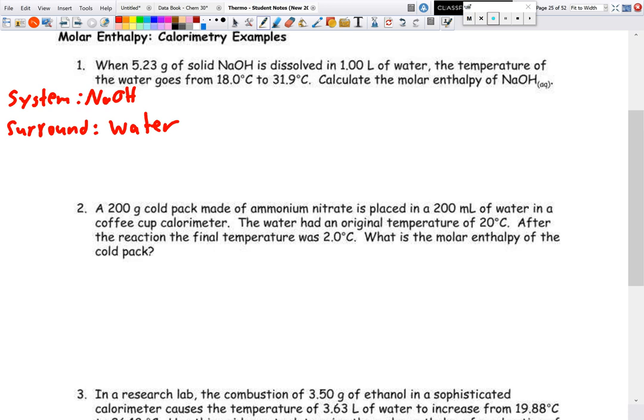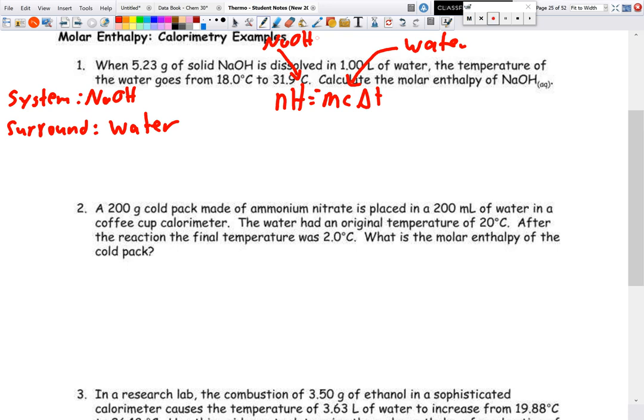Now, when we look at our equation, nH is equal to negative MC delta T. We have to remember, this side, nH, is for our system, sodium hydroxide. MC delta T is for water. That means do not put 5.23 in here with that M, because this side right here is for water, and this side over here is for sodium hydroxide.